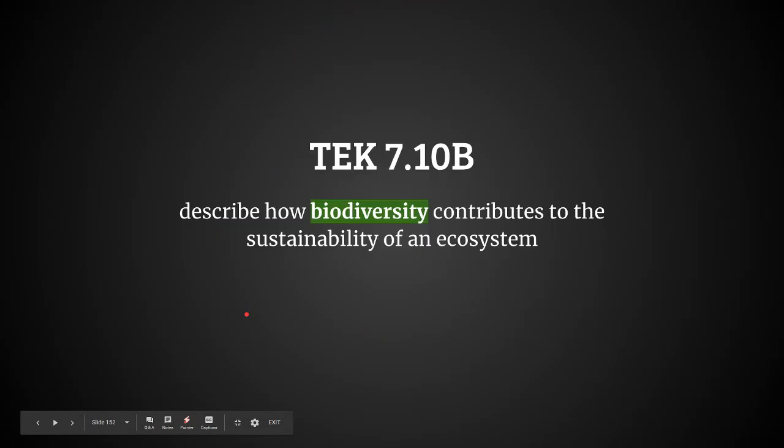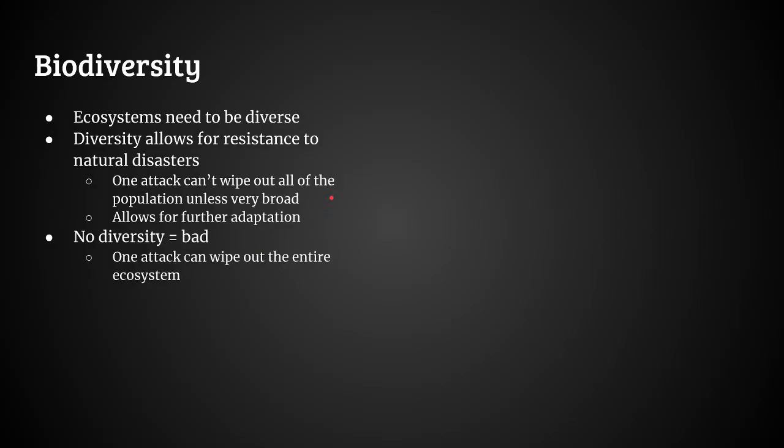So biodiversity is next. For biodiversity, ecosystems obviously need to be biodiverse. That way, if one thing comes and wipes out all the pine trees, there's still a bunch of birch trees, and that's good. So variety means that it's harder to take them all down at once without it being too broad of an attack.